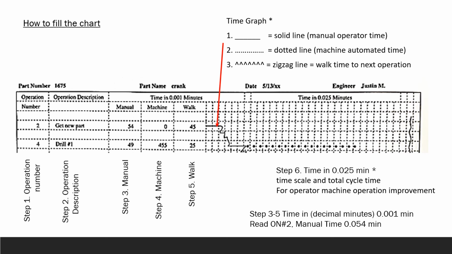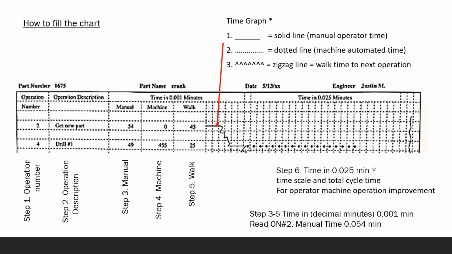And you're going to read operation, let's say number 2, that's get new part, is going to take the manual time of 0.054 minute. In step 6, so right here, we fill time in 0.025 minutes. And this is your time scale and your total cycle time.